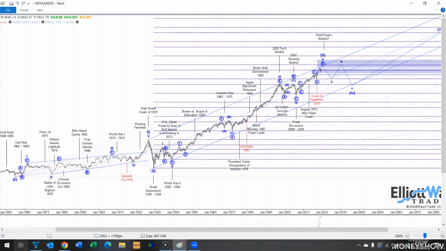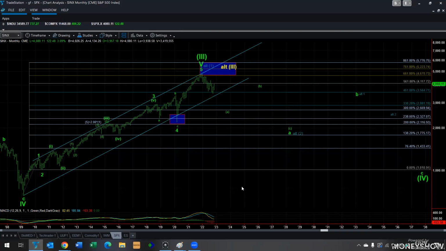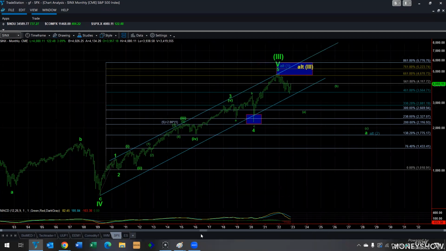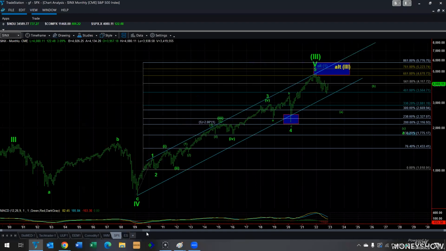So with that being said, let's move into a little more detail as to where we are today. This is that wave 4 that I showed you that was a sideways market. There is your sideways market that we were talking about. It went from 2000 to 2009, and that was a wave 4.